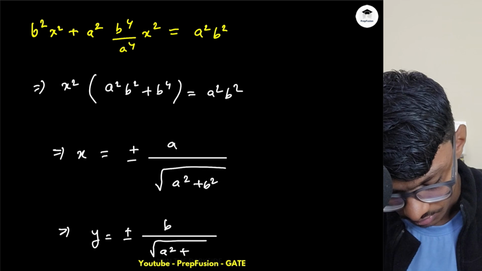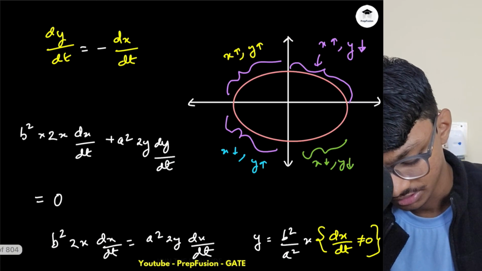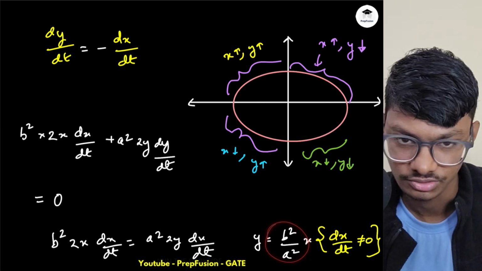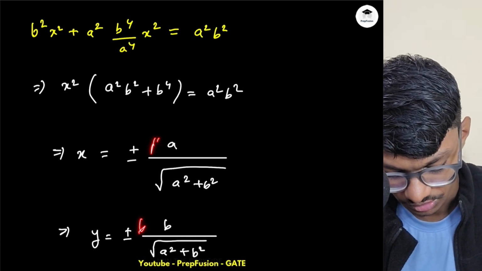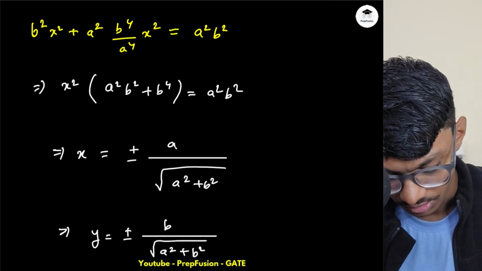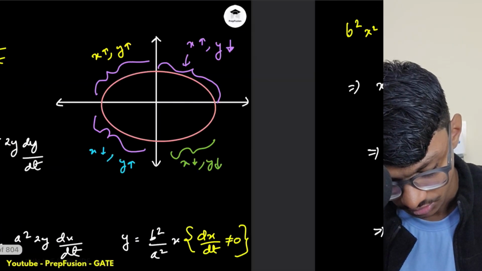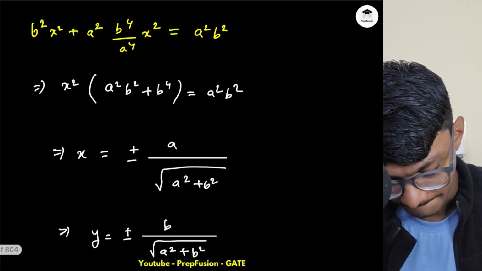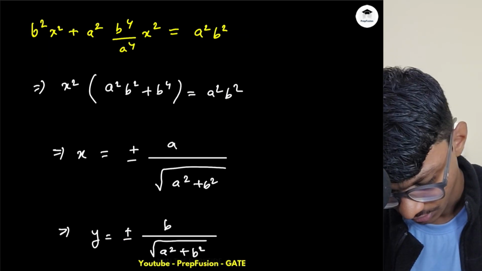Basically y is equal to b square by a square into x. So I will multiply b square by a square into x. Yeah, a raised to power 4 is here.